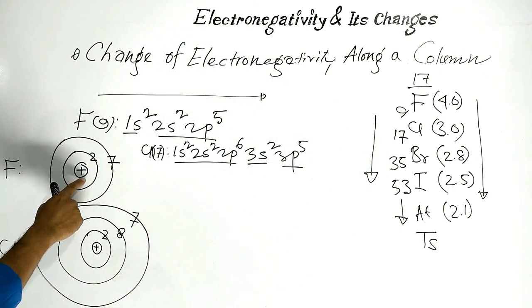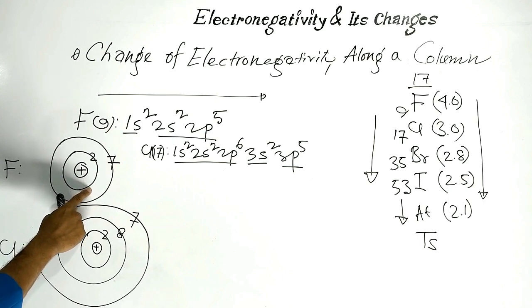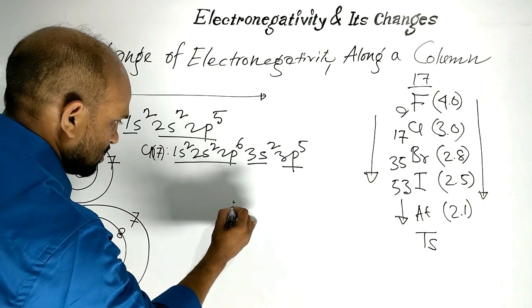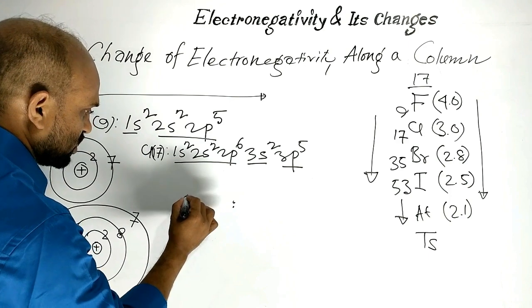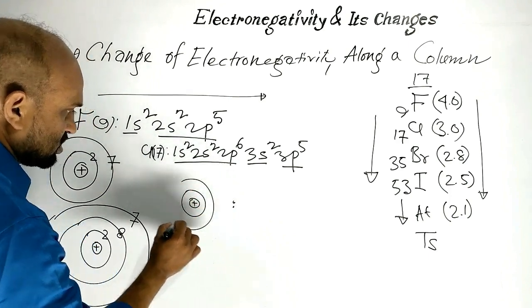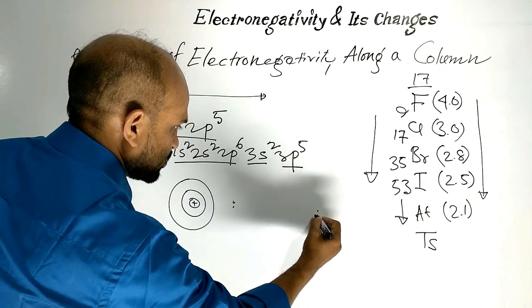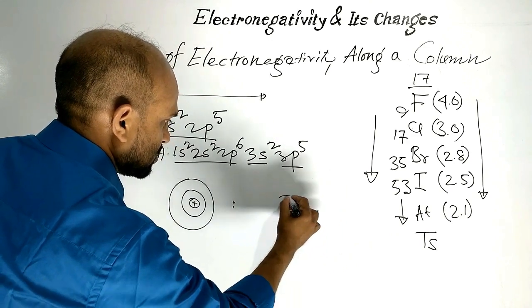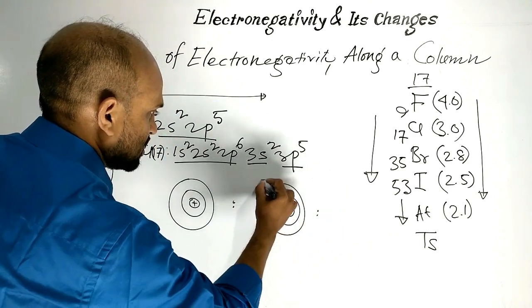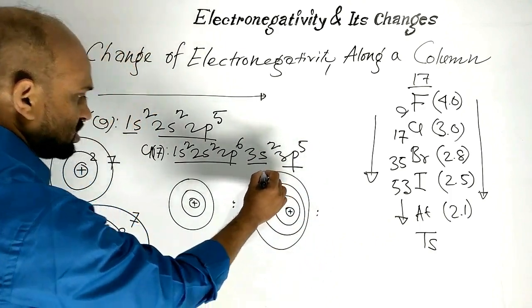When the number of shells increases, suppose this is fluorine, first shell, second shell. Here, suppose this is chlorine, first shell, second shell, third shell.